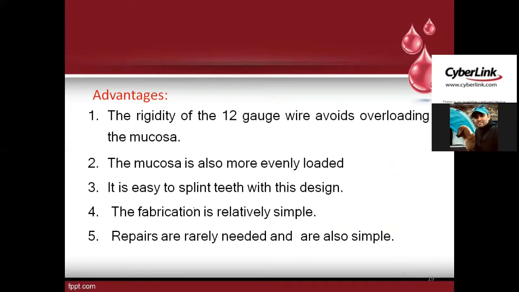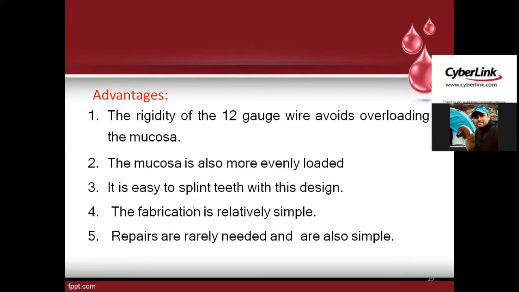Advantages of stress breaker. Basically, the alveolar support of the abutment teeth is preserved as the stress acting on the abutment teeth is reduced. The rigidity of 12 gauge wire, which we use in stress breaker, avoids overloading the mucosa. The mucosa is also more evenly loaded.